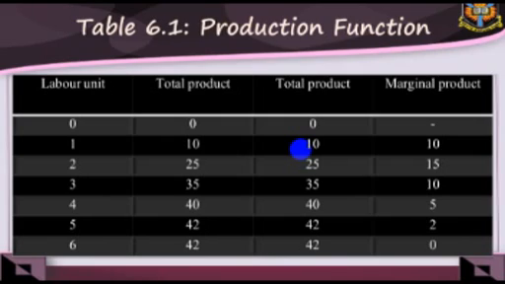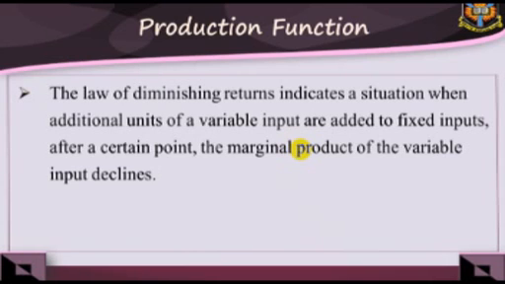The marginal product of the second is 15. The third is 10, and so on. The marginal product of the sixth is 0. Thus, marginal product is the additional output that can be produced by adding one more unit of a specific variable input to the fixed factors.